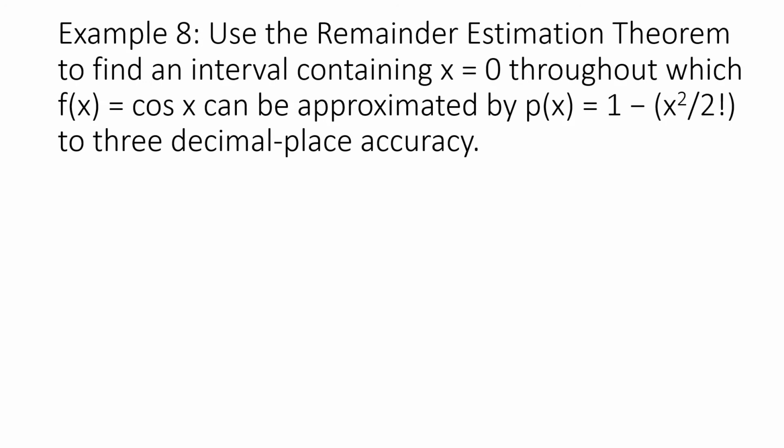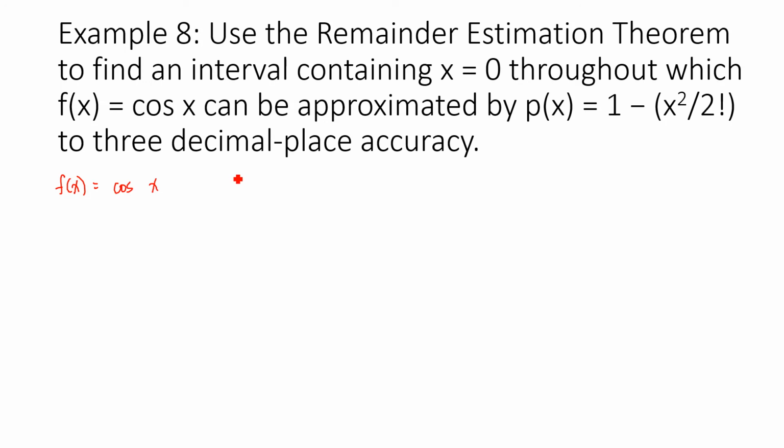So for our solution, we note first that our f of x, which is equal to cosine x, has derivatives of all orders for every real number x, so that the first hypothesis of the remainder estimation theorem is satisfied over any interval that we choose.